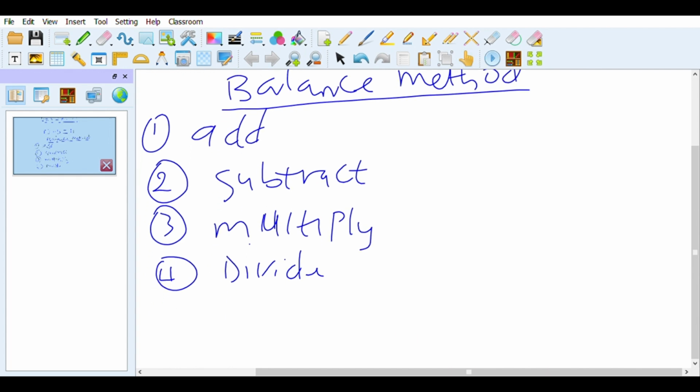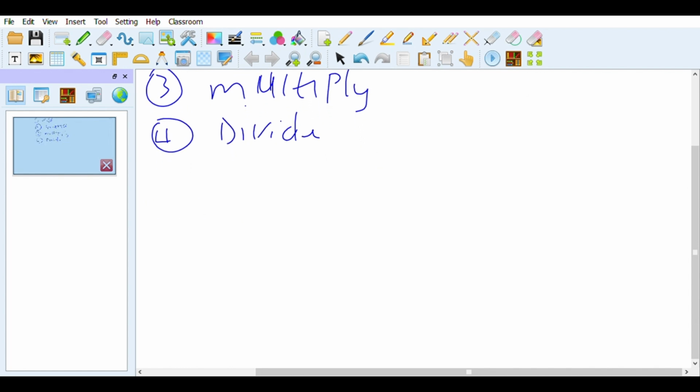Anytime we use the balance method, the value of the equation does not change. Let me show you what that means. If we have 2x is equal to, let's say, 6, and we multiply this equation by 2, multiplying the left hand side and right hand side by 2, I did the same thing.